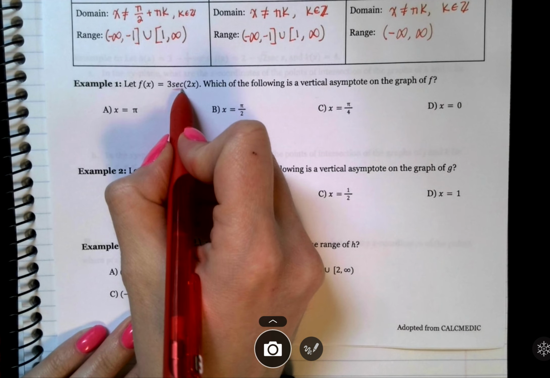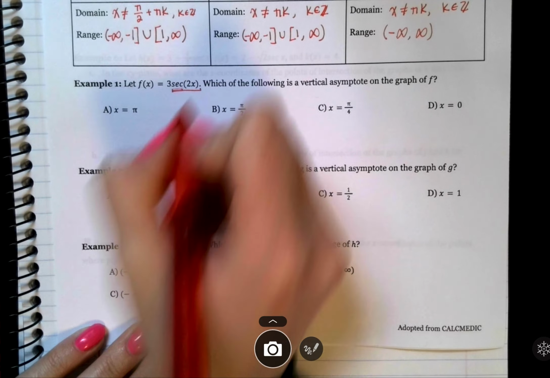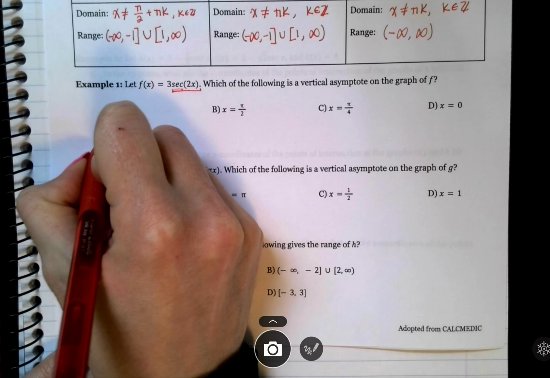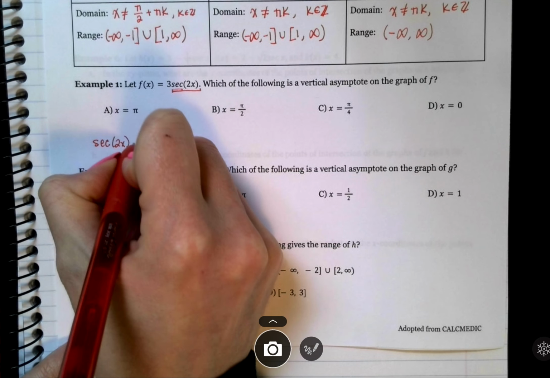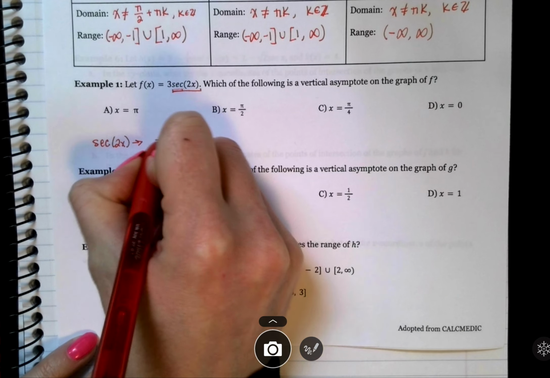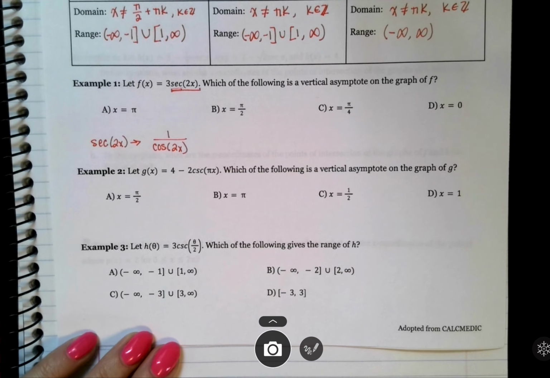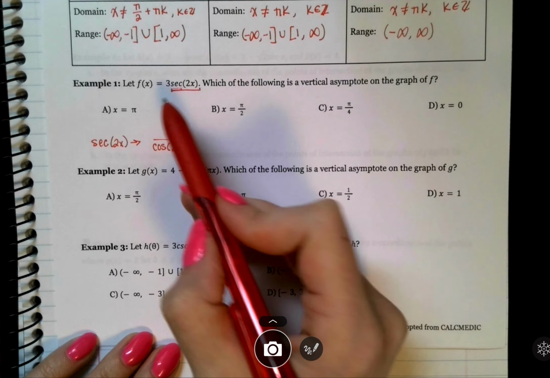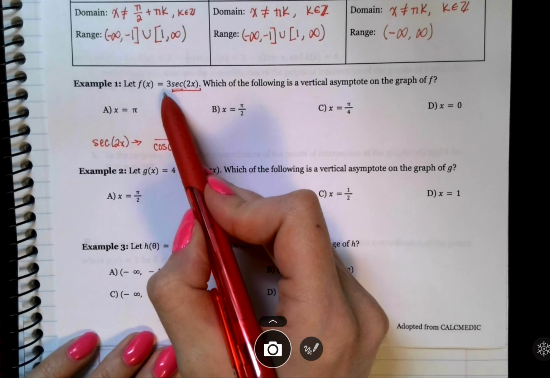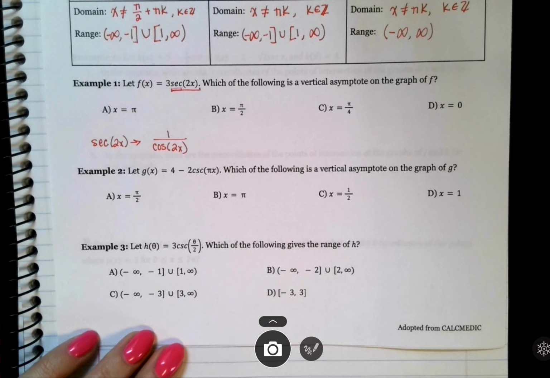So I could take this portion here, secant of 2x, and rewrite that in terms of cosine, which is 1 over cosine of 2x. The 3 is my amplitude for secant, which actually isn't going to affect where my vertical asymptotes are, so that is why I chose to leave that 3 out.